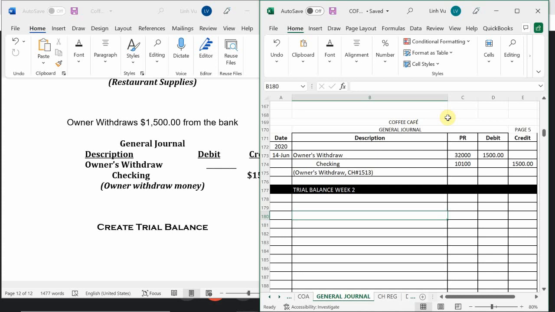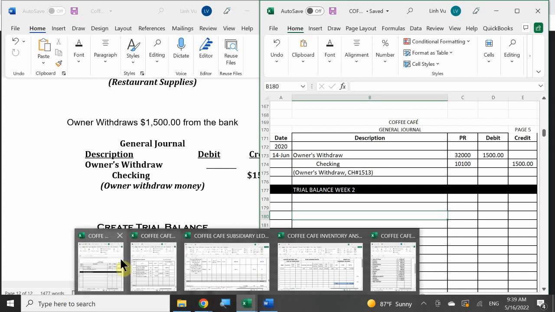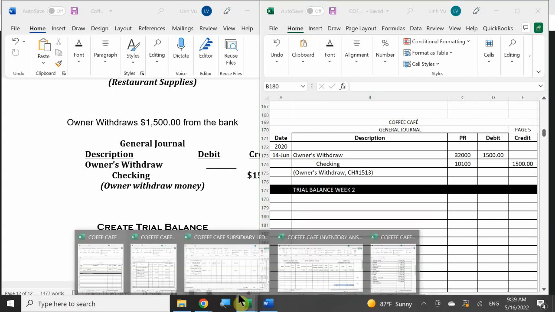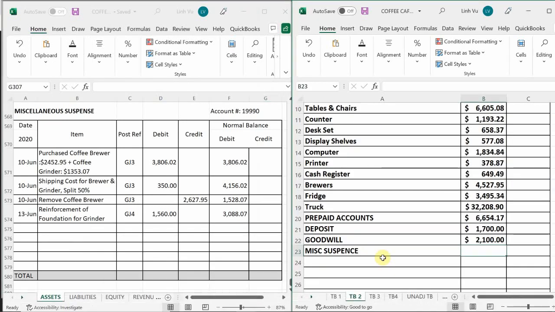Okay, so right now I am in the middle of my ledger. I'm in the middle of completing the trial balance. Right now, what is my account balance in my miscellaneous expense account?